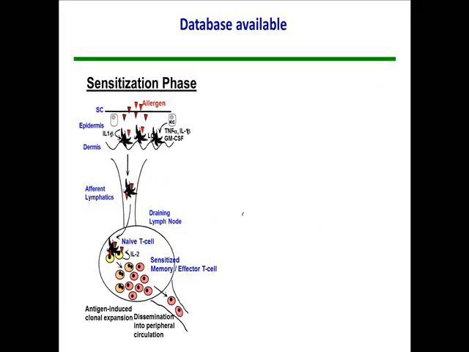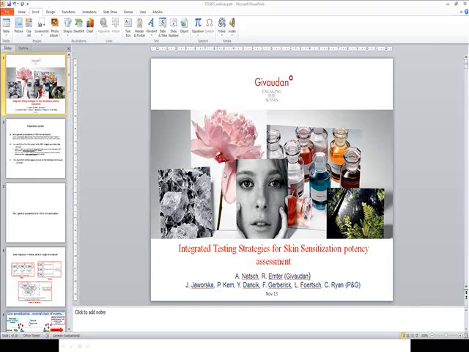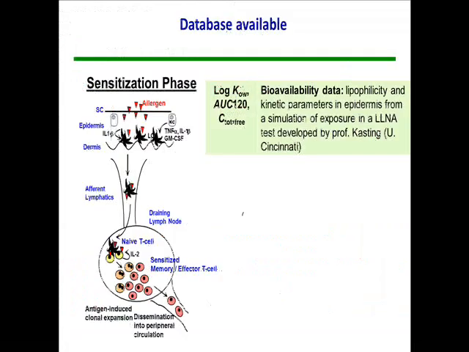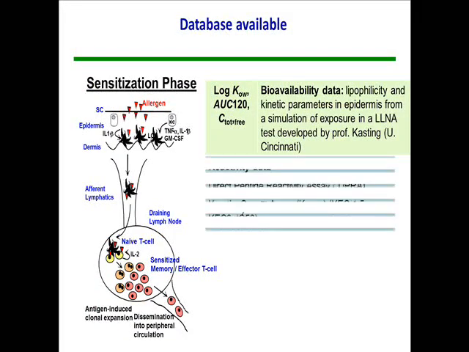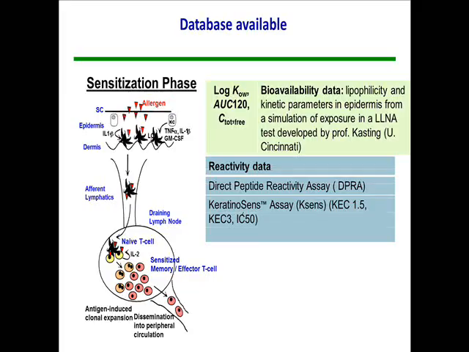Quickly on the data input, it's very similar input as shown by Susanne before. We have here, in addition to what she showed, bioavailability data, because bioavailability could be a modifying factor in potency, even if it's not a factor to determine the yes-no, the hazard. We have the reactivity data from the DPRA.